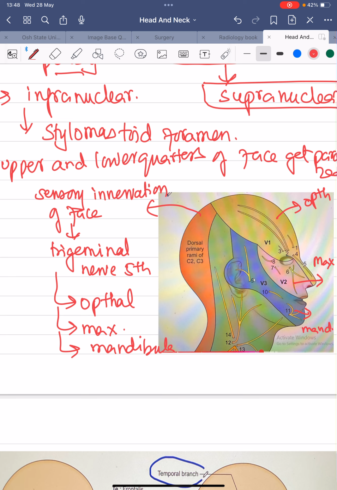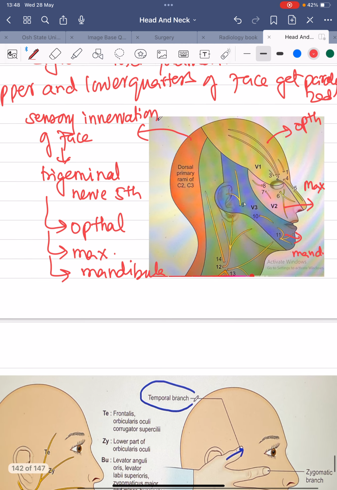So these three branches are innervating the face. The trigeminal nerve gives the sensory supply to the face. But what is important here is that this portion is not supplied by the trigeminal nerve.